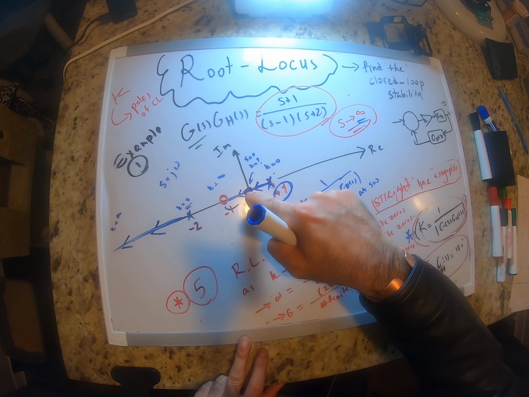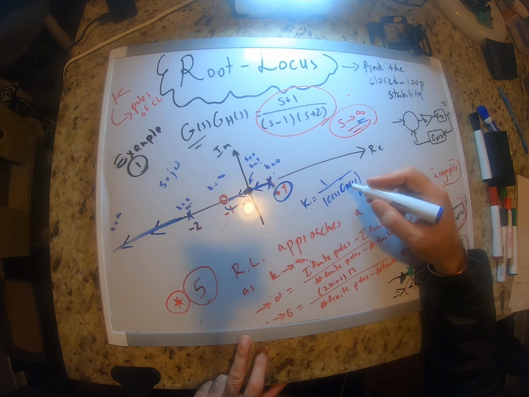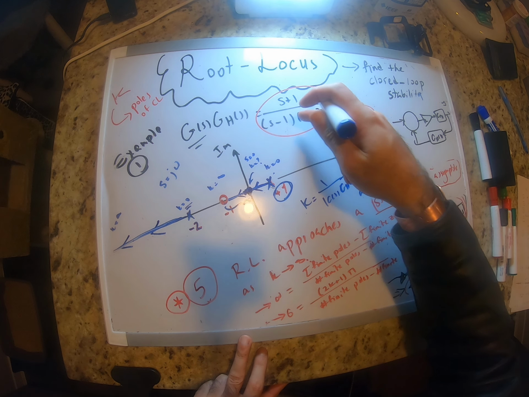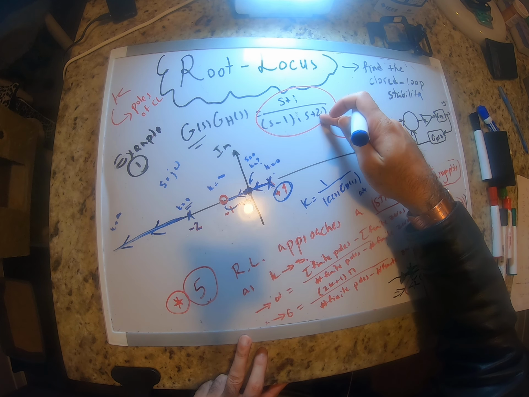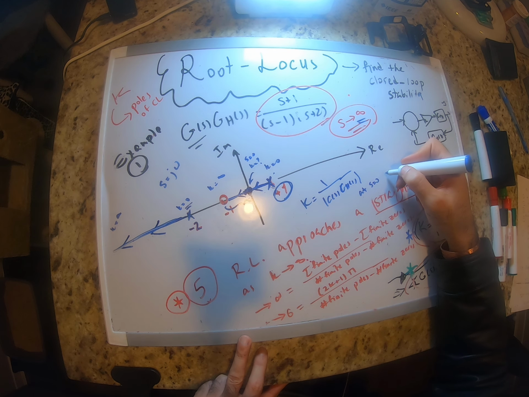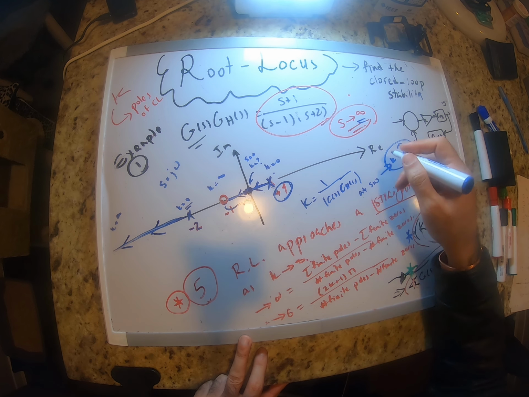So at this point, the frequency is 0. If I put 0 here, we have 1 divided by 1 multiplied by 2. So at this point, k is going to be equal to 1 over 2, which becomes 2.